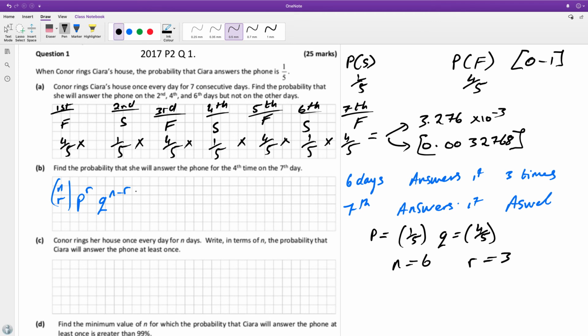So you literally put that straight in. 6, 3, what's the C. Very important. Not P, C. 6 choose 3. Not P, it's C. 6 choose 3 by 1 over 5 to the power of 3 by 4 over 5 to the power of 6 minus 3. Right, get me an answer for that then.